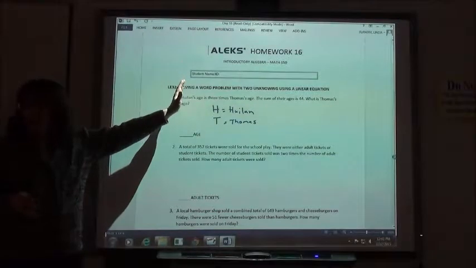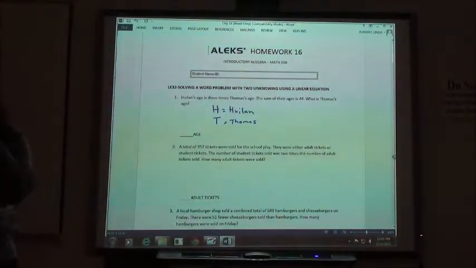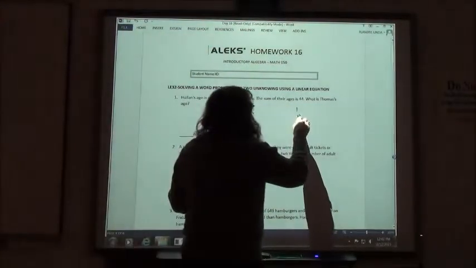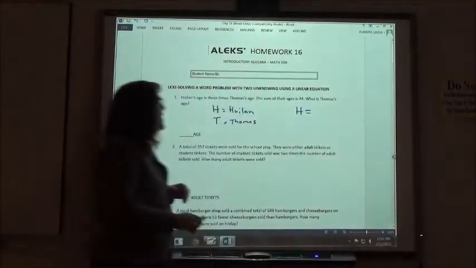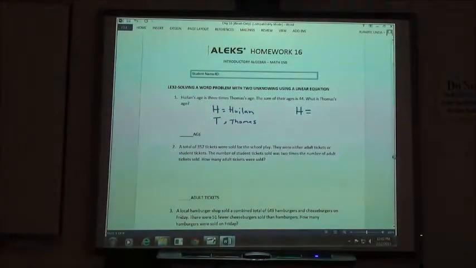So, when you're reading this first sentence, whomever or whatever is mentioned first is the variable that's going to be set equal to something else, because they're talking about Julian. So, H equals 3 times Tomas.